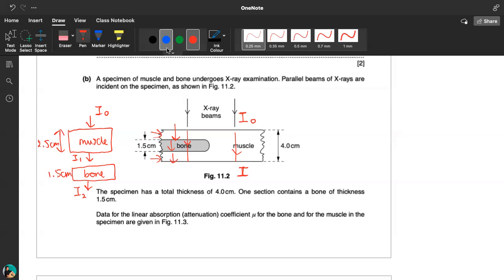First one, let me write it here. For the muscle, I1 equals I naught e to the minus mu x. Right? Because I1 is the one coming out, and I naught is the incident going through it.